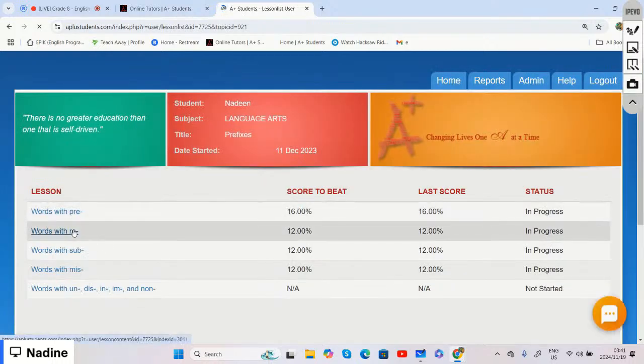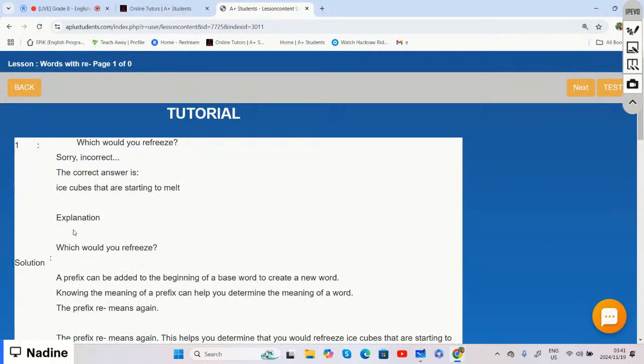All right, so now words with re. And remember, we said re means again. And refreeze. Which would you refreeze?